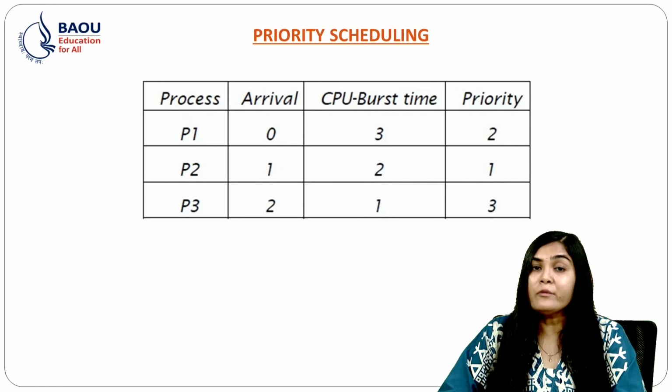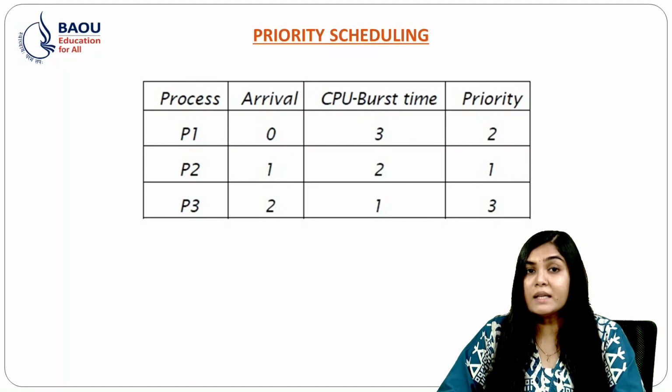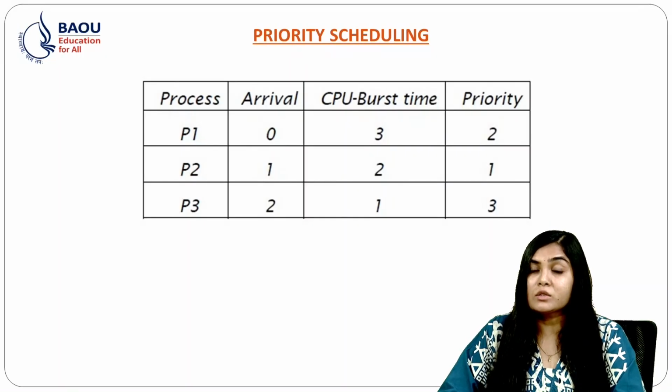At time 1 second, there are now 2 processes: P1 that arrived at 0 second and process P2 that arrived at 1 second. Since the priority of process P2 is higher than that of process P1, P2 will get a chance to use the CPU and it will run for 1 second.